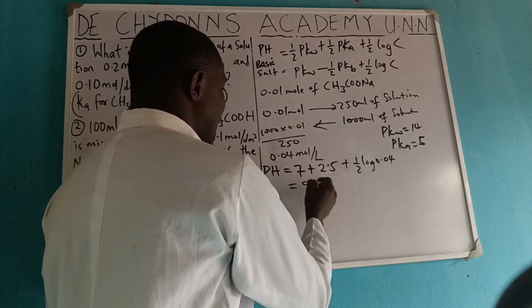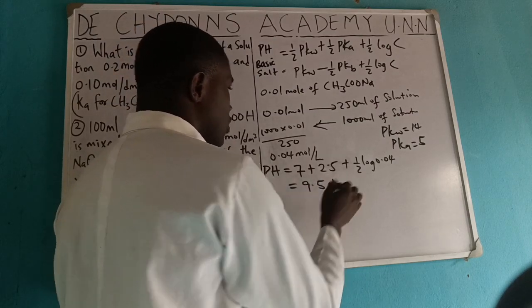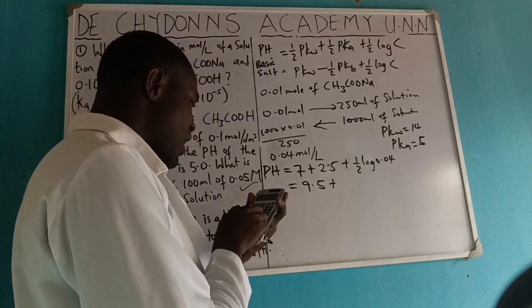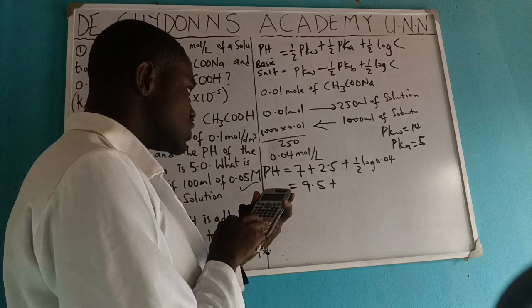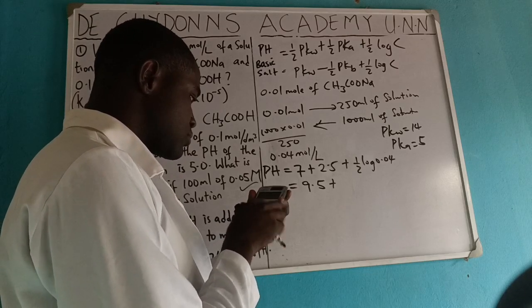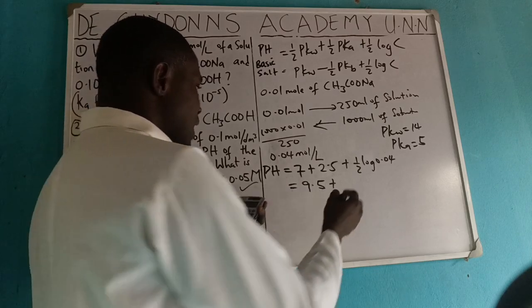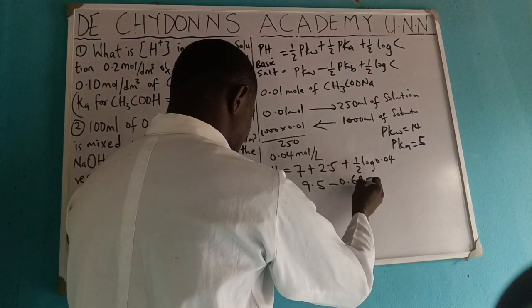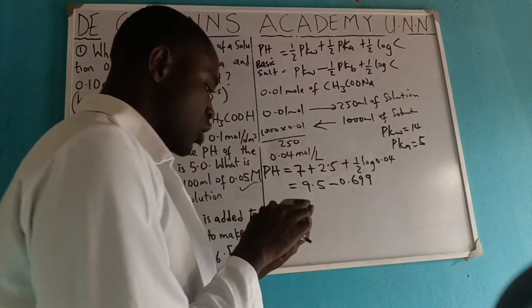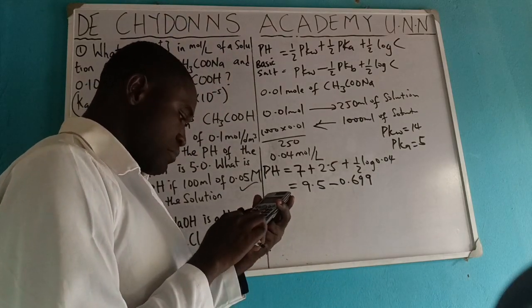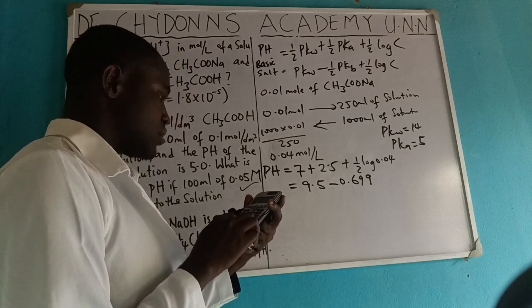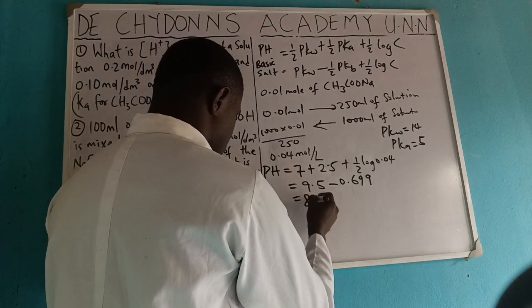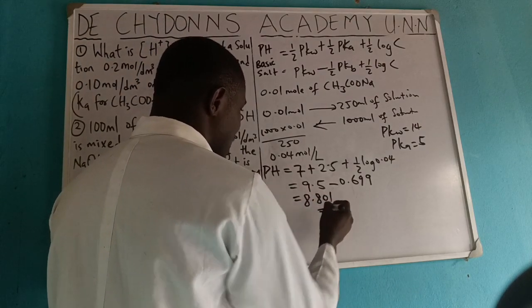That will be giving you 9.5 plus, we now say, 0.5 times log 0.04. That will be giving us minus 0.699. So we now say 9.5 minus 0.699. That will be giving us 8.801 to be the answer.